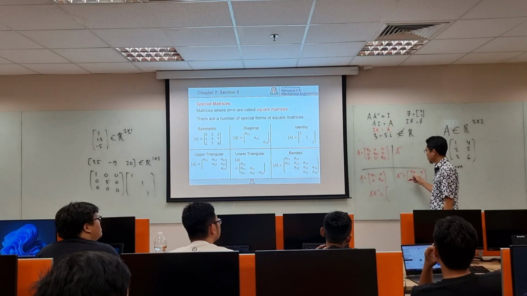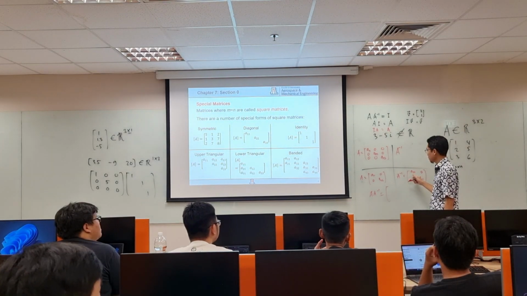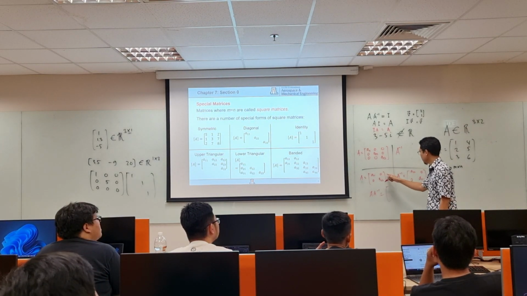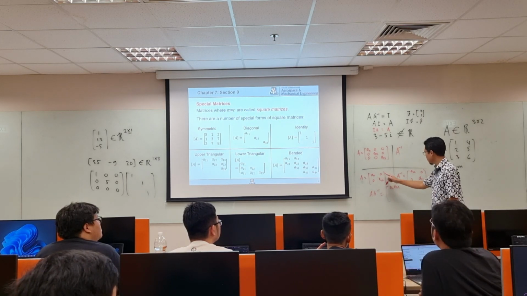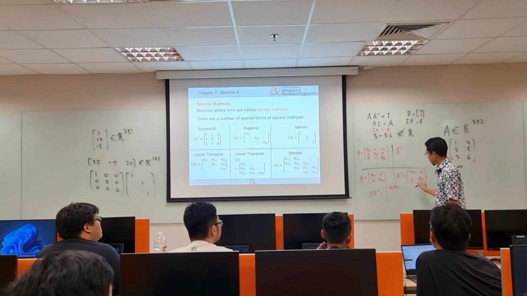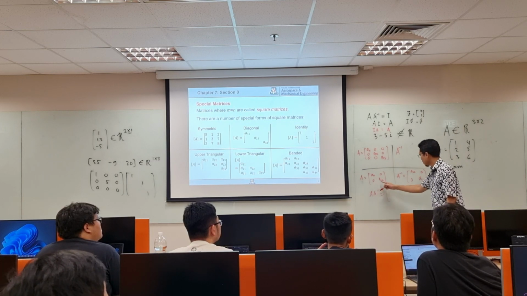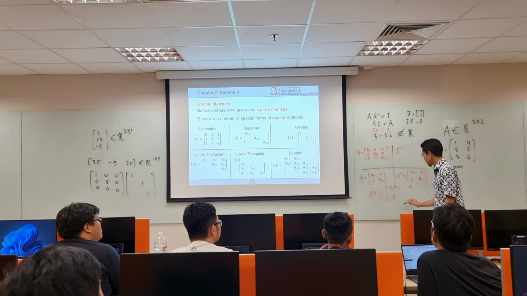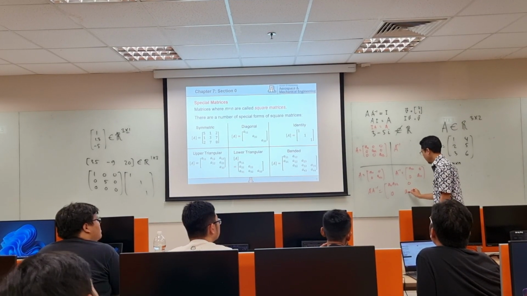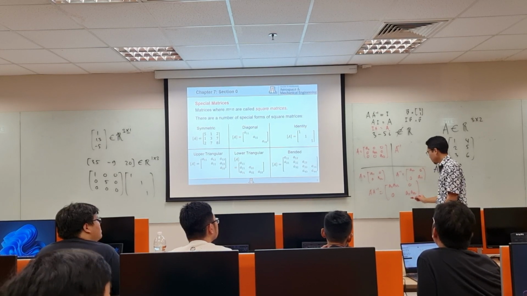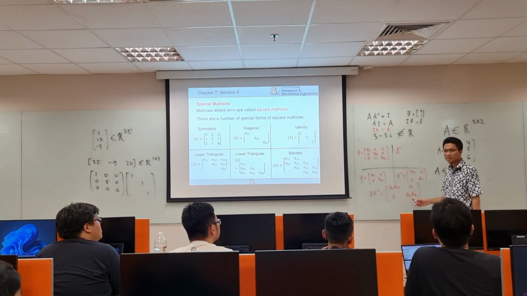A11 times A22, and then 0 times 0. So you have A11 A22, right? This one multiplied by that, 0 0. 0 times this one, we get 0. So is this 1 and 1?